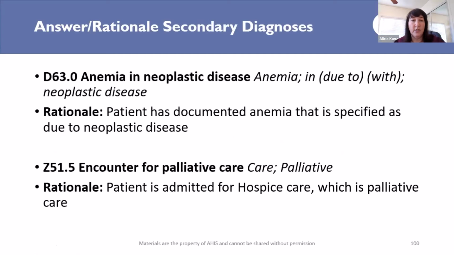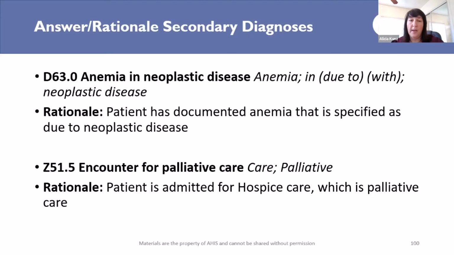Then for our additional codes, we have D63.0, anemia in neoplastic disease. We do know that the physician has documented that the anemia was due to the cancer, the neoplasm. And then Z51.5, encounter for palliative care. They are admitted for hospice care.